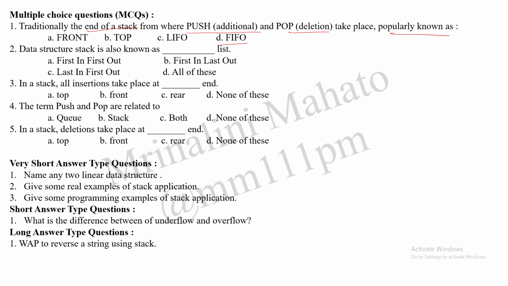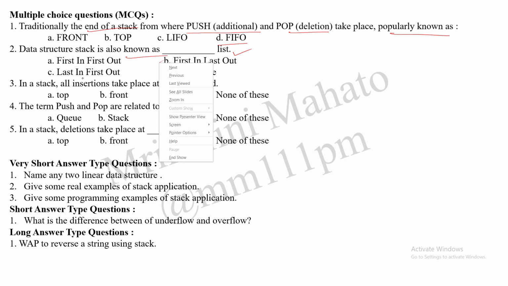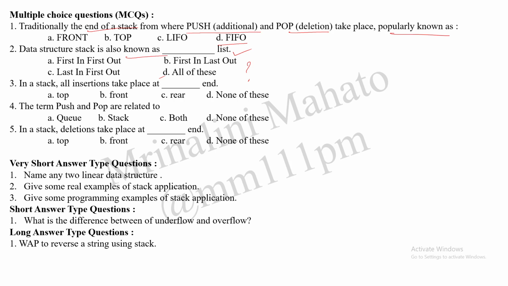Question number 2: the data structure stack is also known as dash list. I told you many times in this session only. So just try to recall and write it. A, first in first out; B, first in last out; C, last in first out; and D, all of these. Just tell the answer, otherwise write in the notebook.